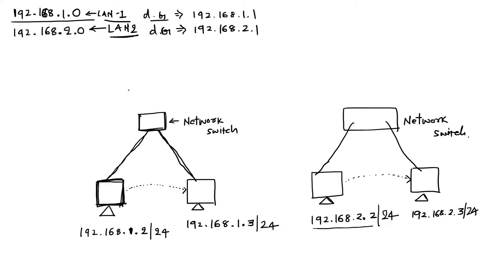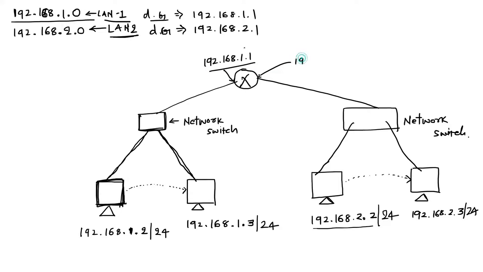Then we will connect these two switches with one router to connect these two different LANs with each other. So this will be our default gateway, 192.168.1.1, and this will be the default gateway for this network, 192.168.2.1.